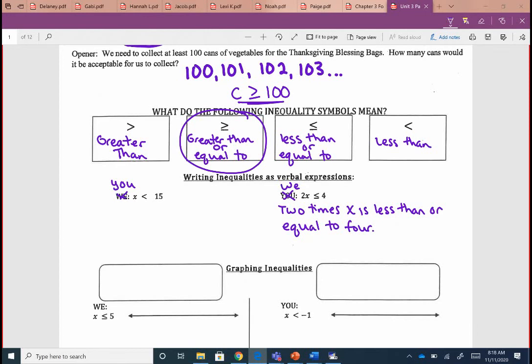So what I want you to do is just take a second and now try the you do problem. Write an expression for that. I just want us to get used to the symbols a little bit, using the actual language for them, and then we're going to get into that graphing piece.